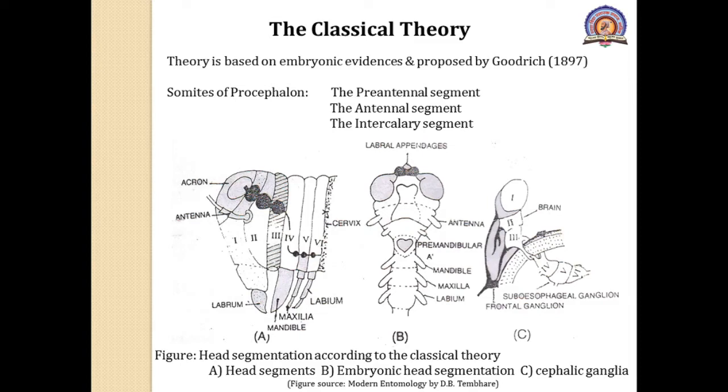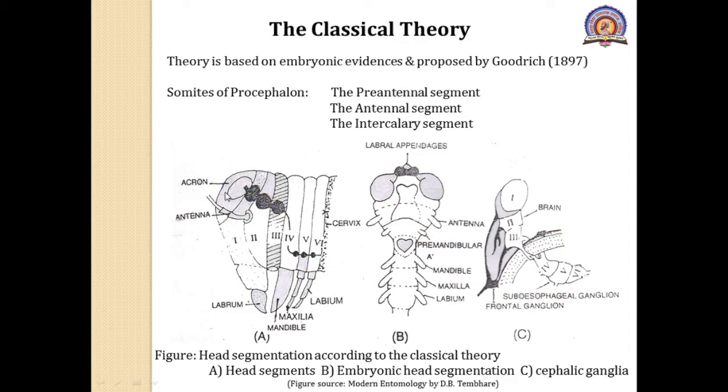So Goodrich in 1895 proposed, on the basis of embryonic evidence, that the procephalon is formed from the anteriormost 3 somites along with the unsegmented apical part. This apical part he referred to as the acron. It means that the apical part of the head, called the acron by Goodrich, is not considered as part of the segments of the procephalon. So they have isolated this acron part from the head of the insect.